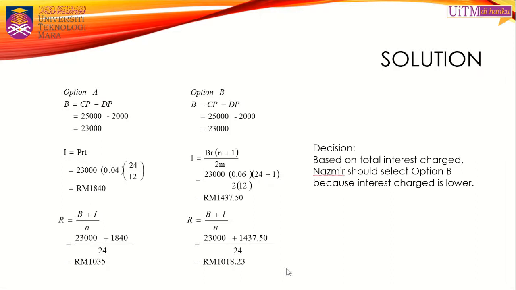If it's not the same, for example, the down payment for option A is different from the down payment of option B, and also the total number of payment for option A and B differ, so you cannot just simply make a direct comparison.